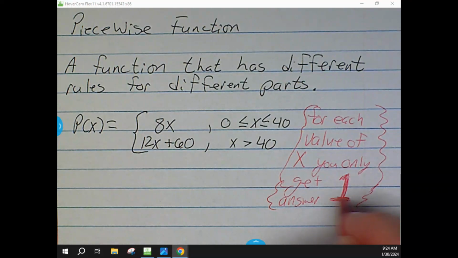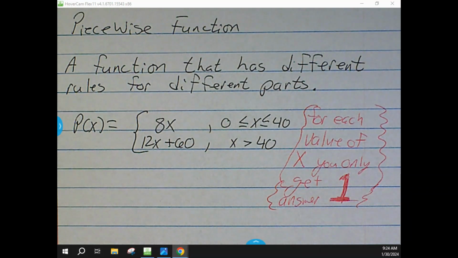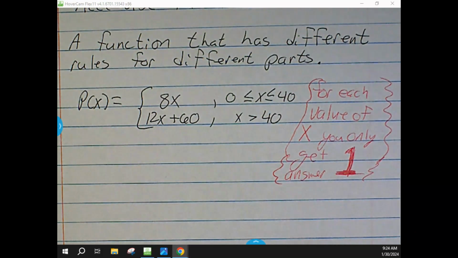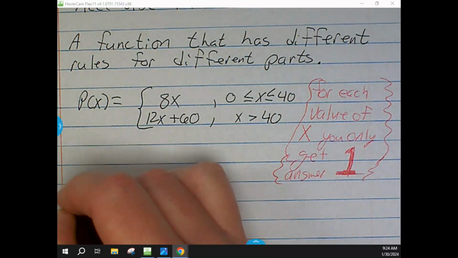A lot of times the biggest thing people will do for this one is they'll tell you to evaluate for a certain value, and they'll give two answers. No, it's a function, so you still only get one answer if you plug in one number.